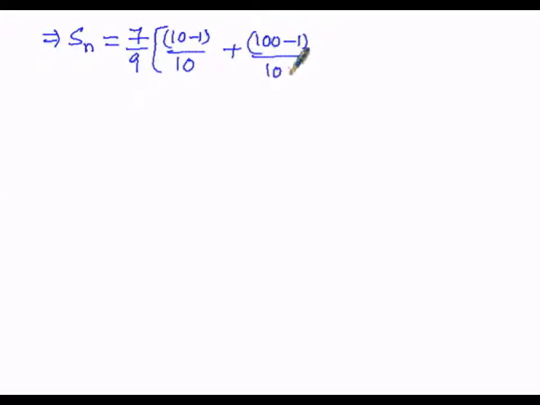that implies S of n is equal to 7 divided by 9 bracket, 9 can be expressed as 10 minus 1 overall divided by 10, then the next term is 99 divided by 100, 99 can be expressed as 100 minus 1 overall divided by 100, plus the next term is 999 divided by 1000, so here 1000 minus 1 is 999, that is 999 overall divided by 1000, plus dash dash, there are n terms in it, bracket close.